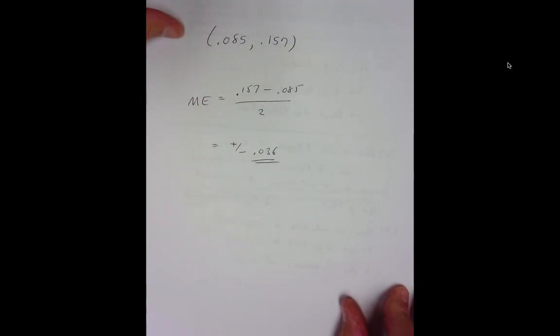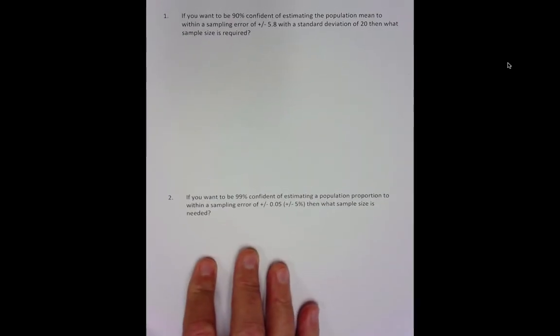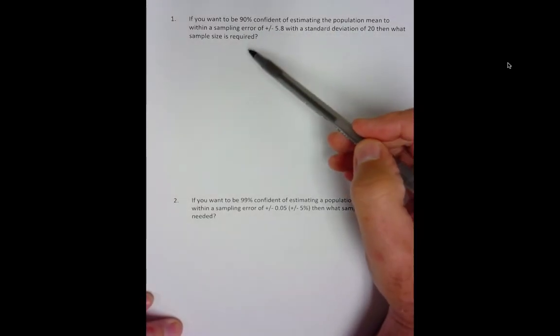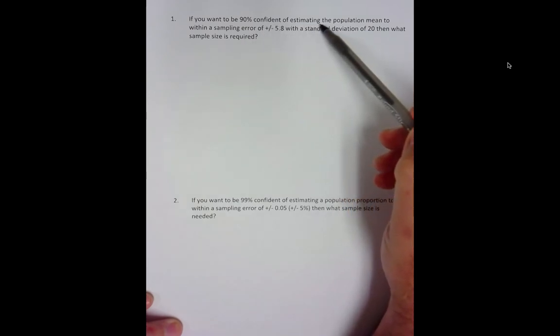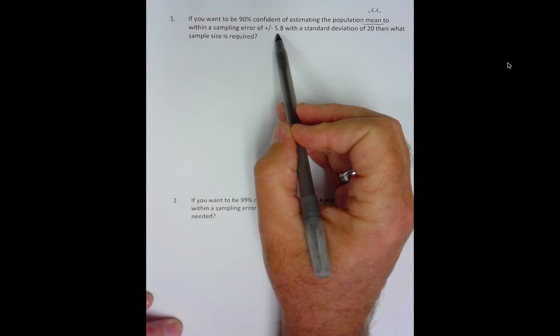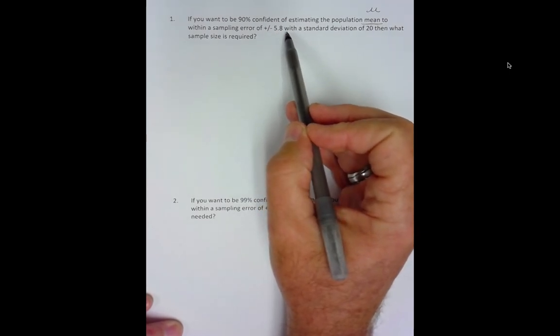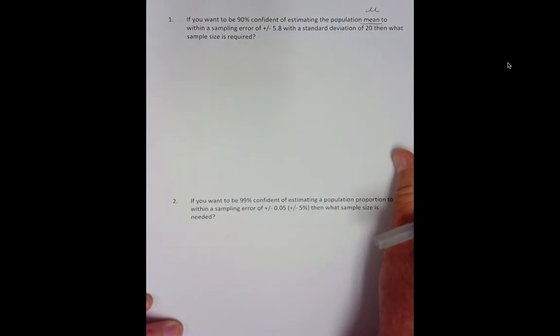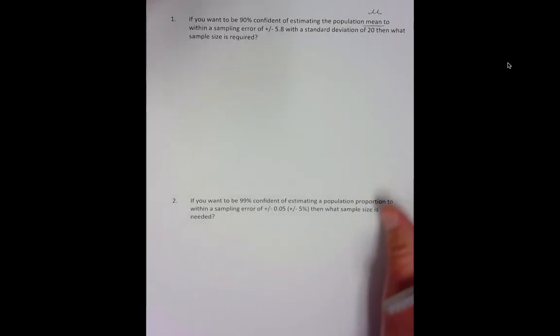Okay, let's move into some questions that you're going to encounter on my math lab. So first type of question: if you want to be 90% confident of estimating a population mean to within a sampling error of plus or minus 5.8 with a standard deviation of 20, then what sample size is required?